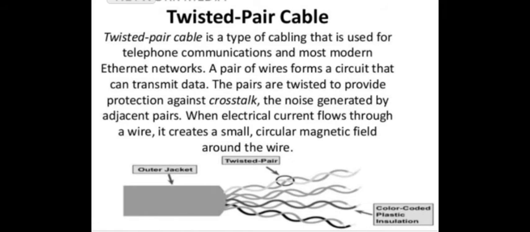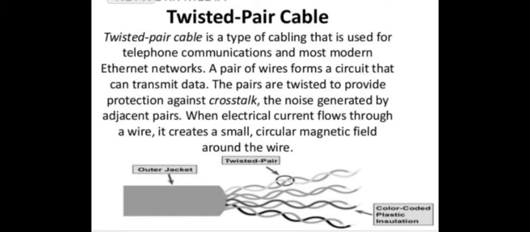The pairs are twisted to provide protection against crosstalk. Sometimes we see in wireless transmission media that our talks overlap, like sometimes हमें अपनी ही आवाज़ वापस से सुनाई देती है. In twisted pair cable, this error doesn't generate because it provides protection against crosstalk, the noise generated by the adjacent pair.